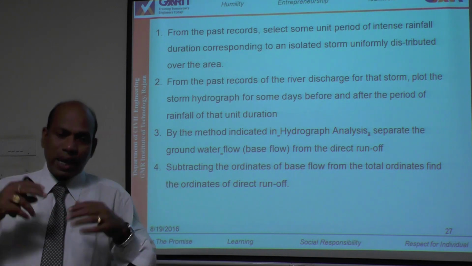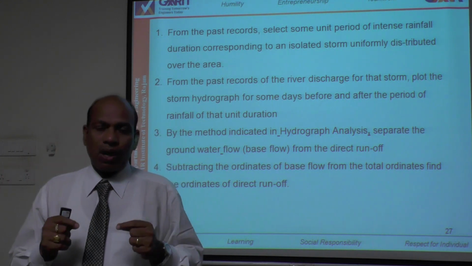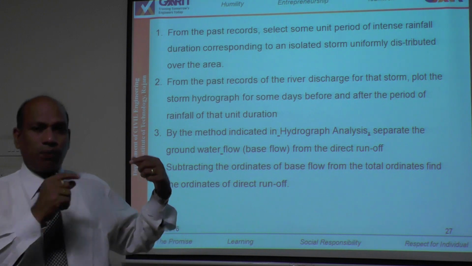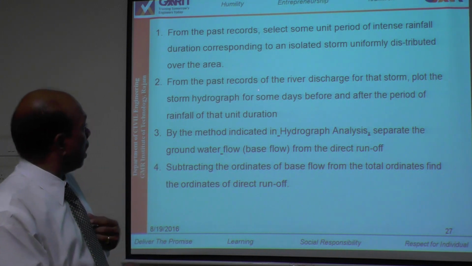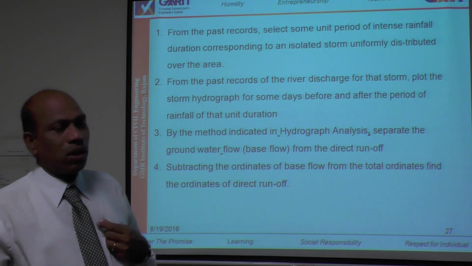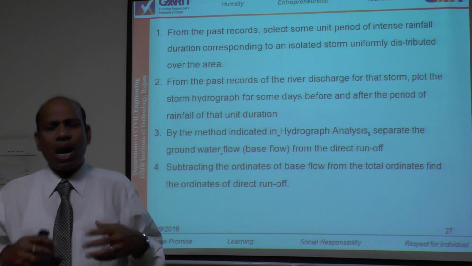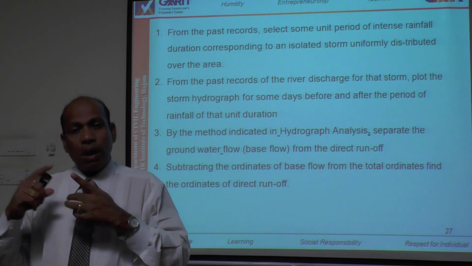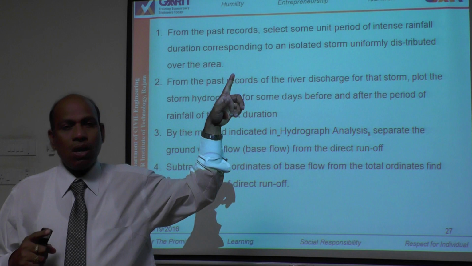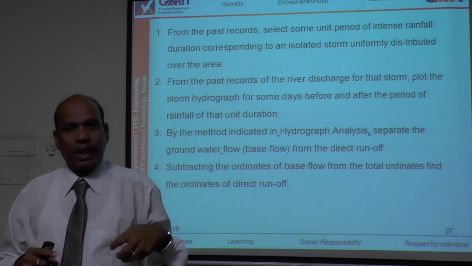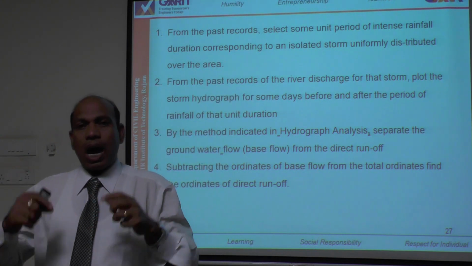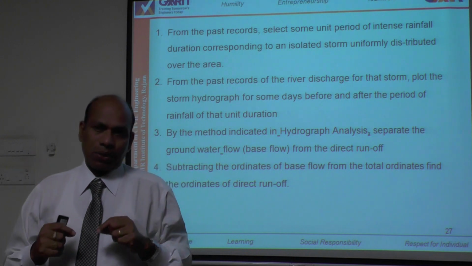Once we select the intensive rainfall, then from the stream records of the river, for example, we are going to select the Nagavali river, or the Vamsadhara river. Based on the intensive rainfall, we are going to collect the data of that rainfall and prepare the storm hydrograph.